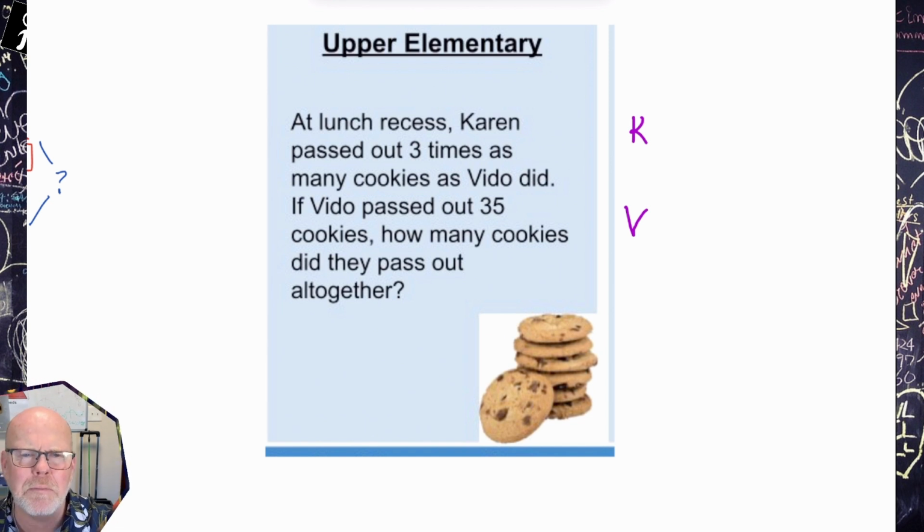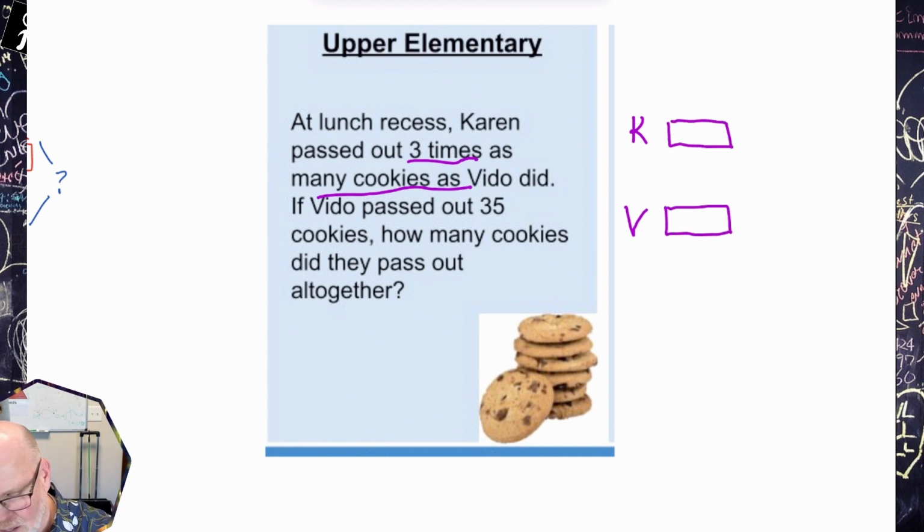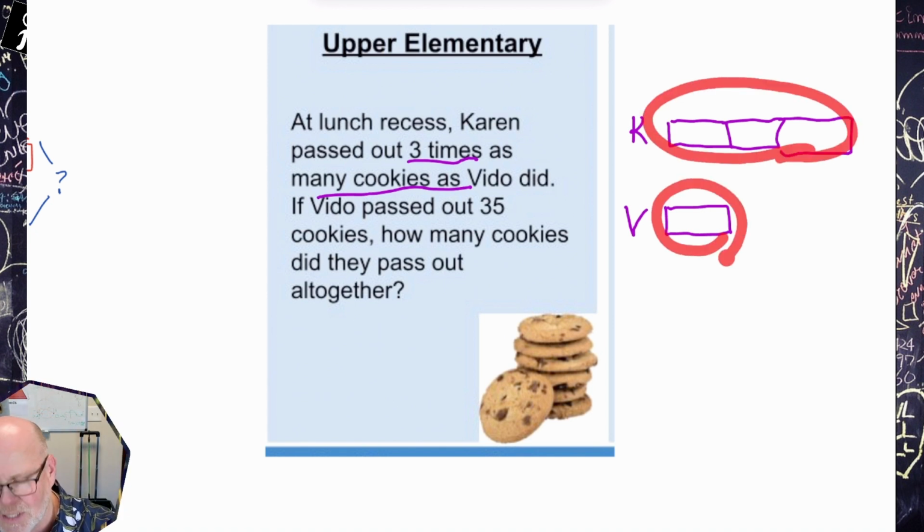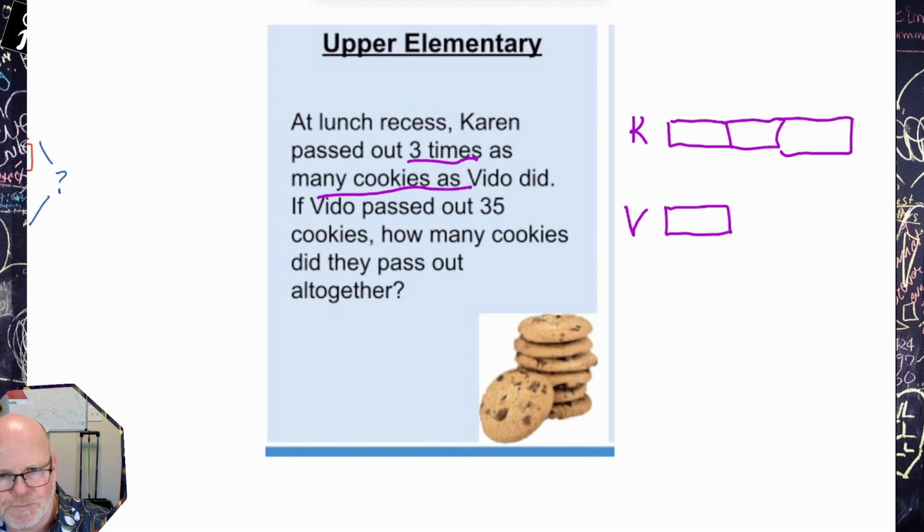If we start with each of them having the same bar, Karen is supposed to have 3 times as many as Vito. So I need to give Karen 2 more chunks. Now we can see that Karen has 3 times as many as Vito.